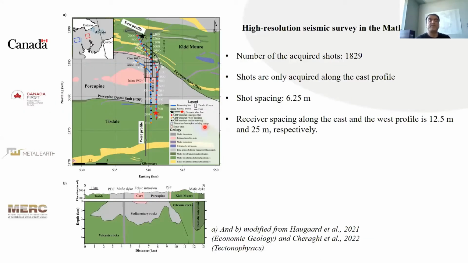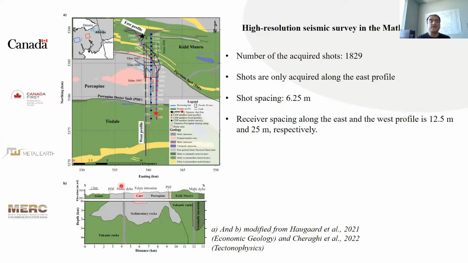The first example will be from high-resolution seismic data in Matheson. Previously, Hogarth et al. used one section of this data, along with regional seismic data, MAG, gravity, and MT, and they provided a 3D geological model for this area.